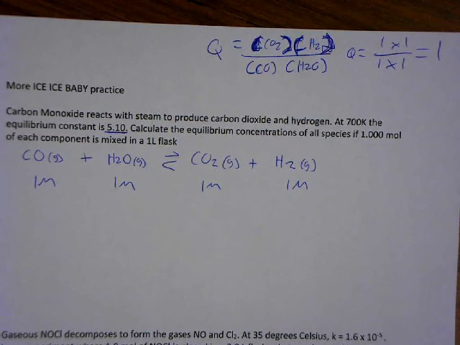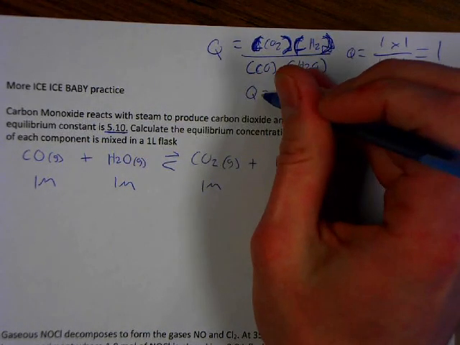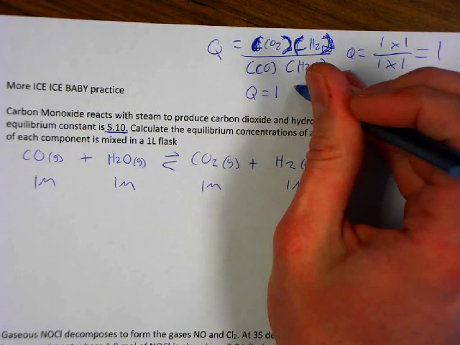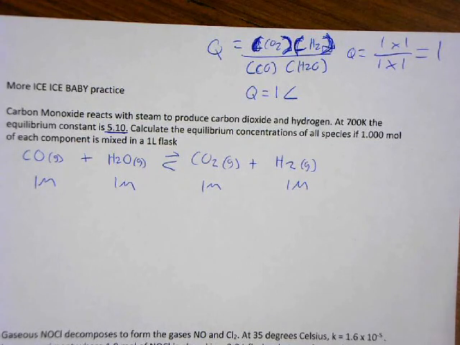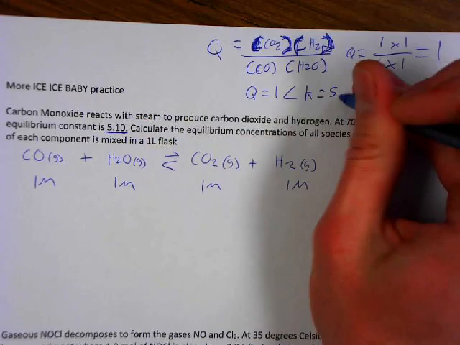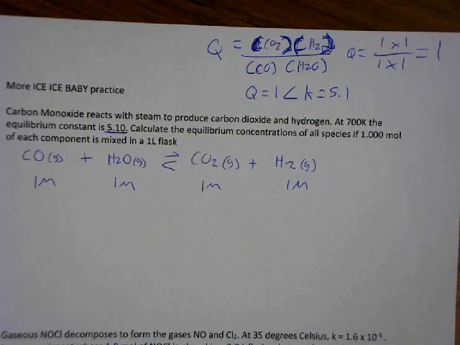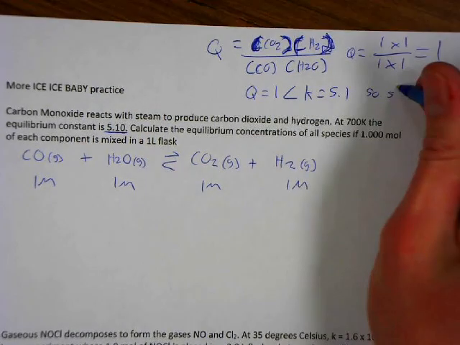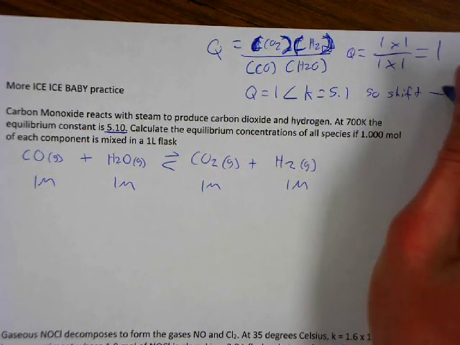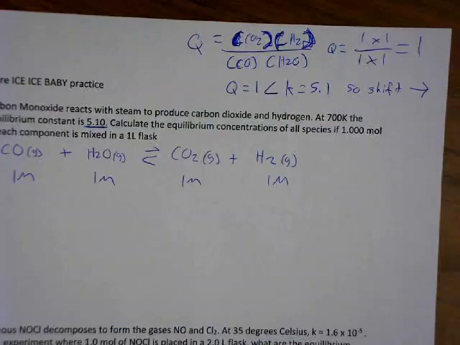Therefore, Q equals 1, which is less than K, which equals 5.1. If Q is less than K, it shifts to the right. That is what you do with Q.